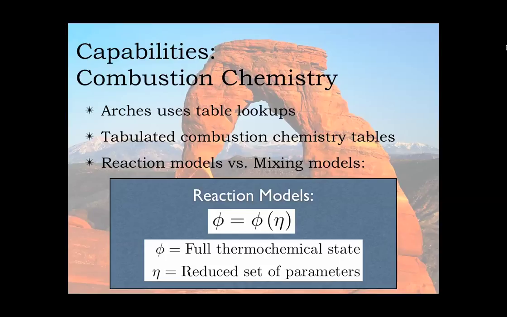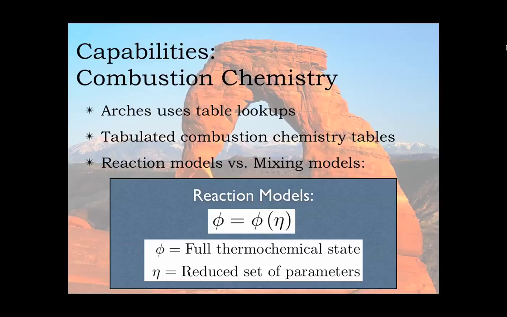So we're using two concepts, reaction models and mixing models. With reaction models, we have a huge set of species and temperature and density and viscosity and all these different characteristics of a state. I've denoted that with phi.